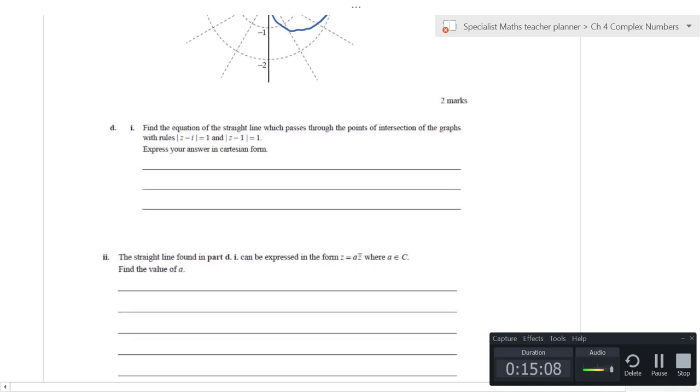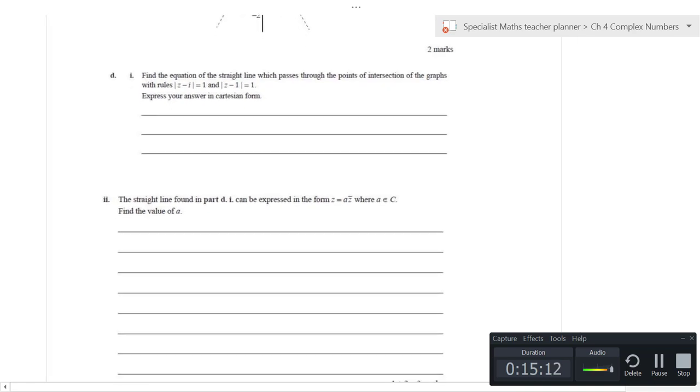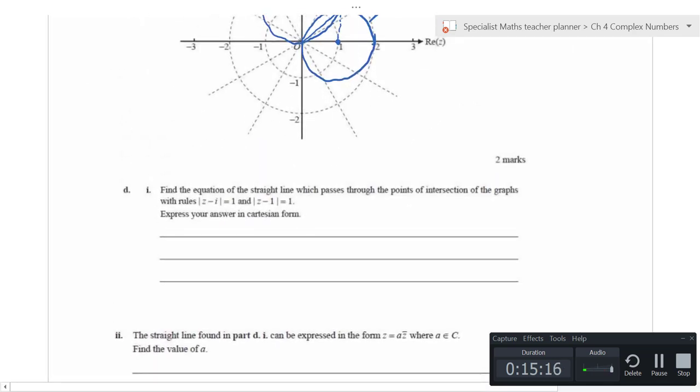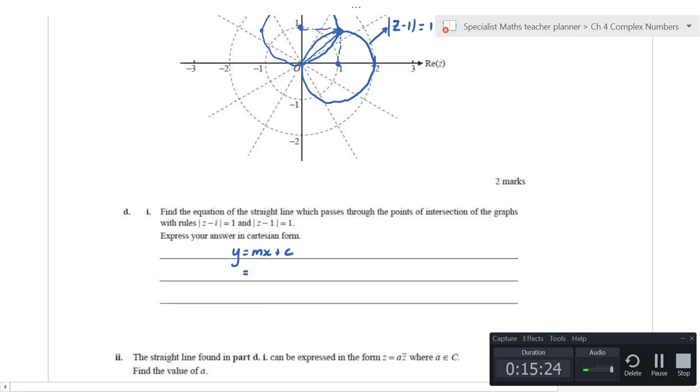So isn't that just find the equation of a line which passes through them? Now, I believe it's only worth 1 mark. So wouldn't it make sense that that's going to be y is equal to mx plus c? Our intercept, it actually is going to go through there.